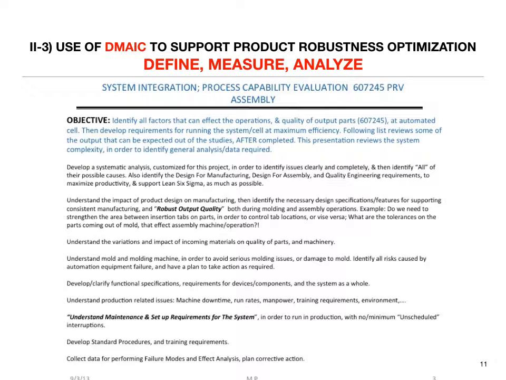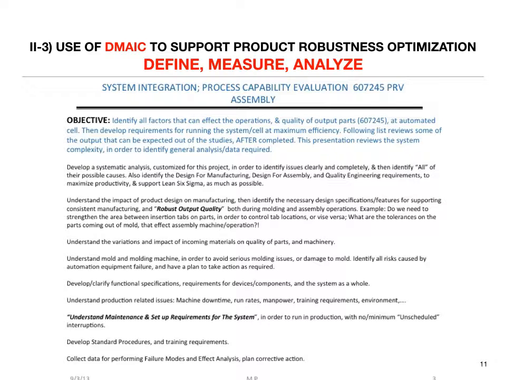Next, understand the impact of product design on manufacturing, then identify necessary design specifications and features for supporting consistent manufacturing and robust output quality, both during molding and assembly operations.